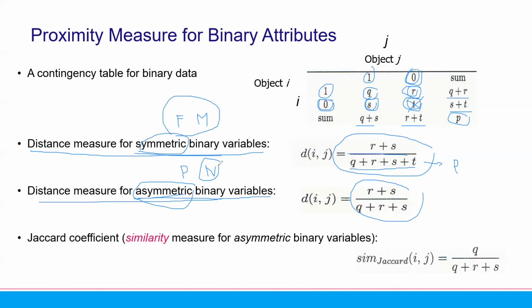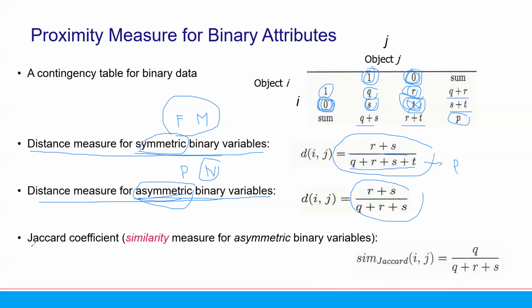So positive and negative in healthcare is one example of asymmetric binary. That's why we don't care about T. If a person is negative and the other person is negative, we do not care. But if one person is negative and he meets another person who is positive, then we need to do something. We need to trace the behavior and so on.